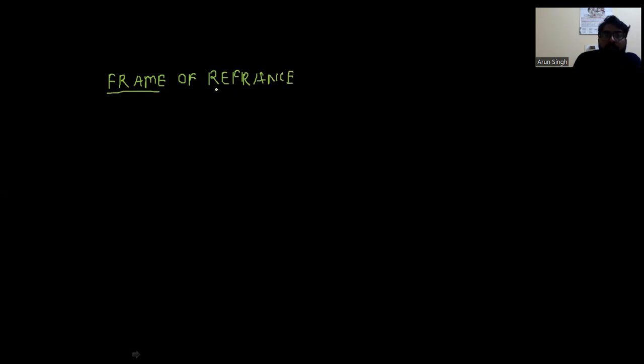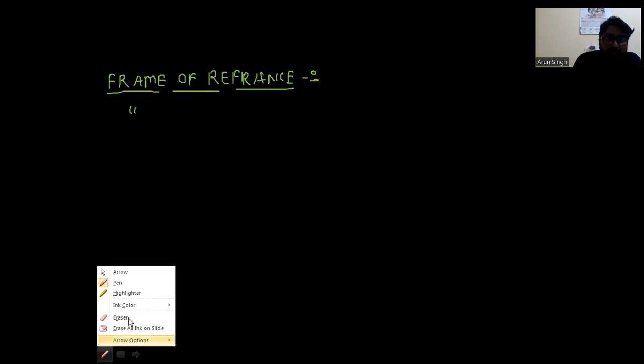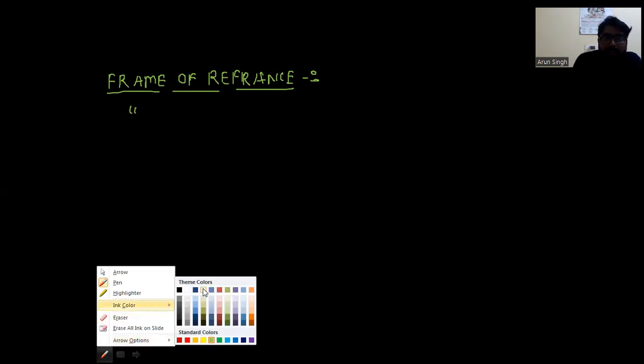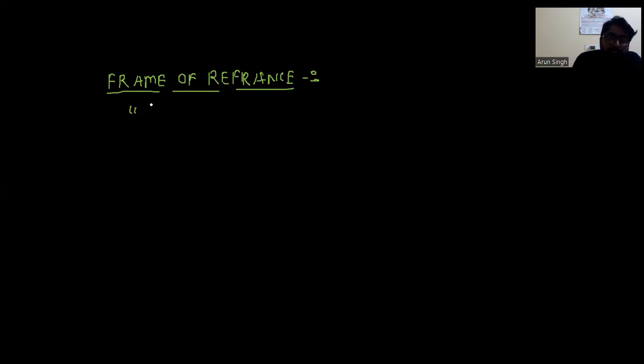Okay, frame of reference. First, the definition: what is the definition of frame of reference? Simply, it is a coordinate system. Basically, it is a coordinate system, like a displacement.